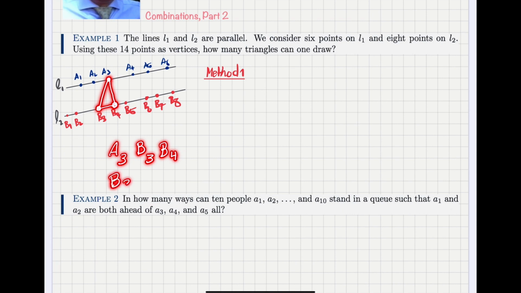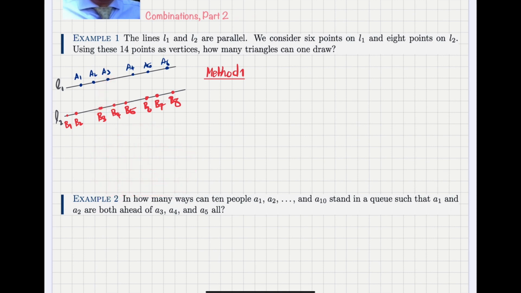If I name it in this way, it is also the same triangle. Even though from a permutation point of view this is a different permutation than that, in this context they both refer to the same triangle. So I'm not facing a permutation problem, I'm facing a combination problem.